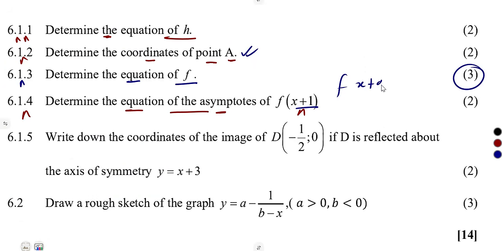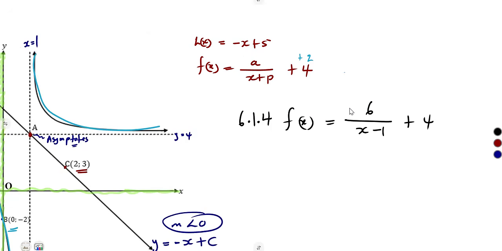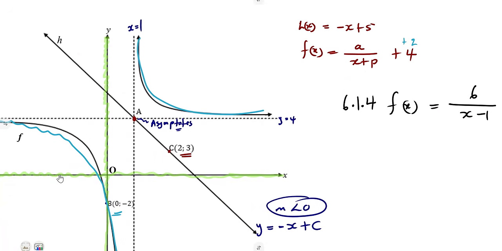Remember, f of x plus a is a shift of a units to the left, when positive. It means x plus a is equal to 0, x is equal to minus a, negative. So we're going to have a units going to the left. So when it is like this, it means minus 1 for x, 1 unit to the left. That is what happened. Our graph shifted 1 unit to the left.